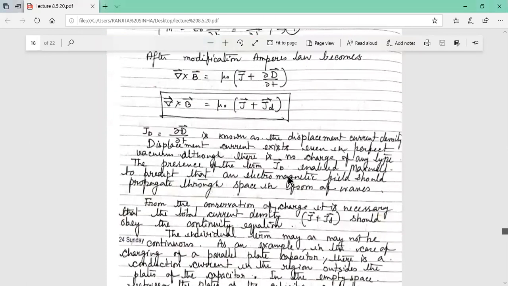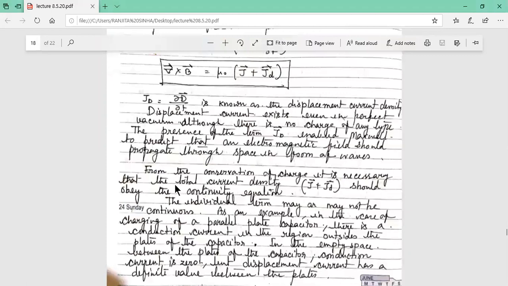From the conservation of charge, we can say that the total current density, J plus JD, where J is the conduction current density and JD is the displacement current density, should obey the continuity equation. The individual terms may or may not be continuous, that is J or JD may not be continuous individually.